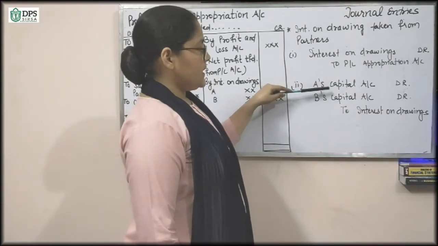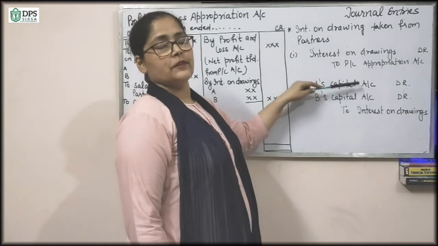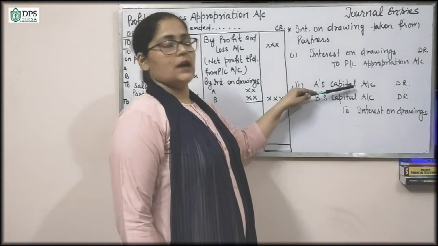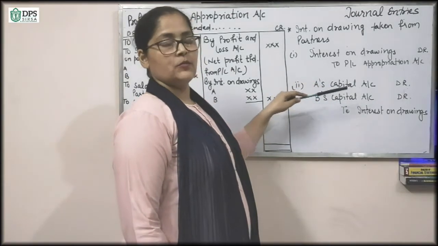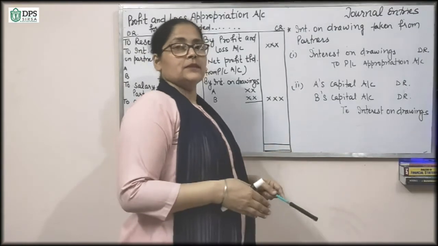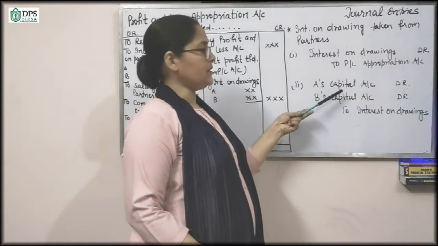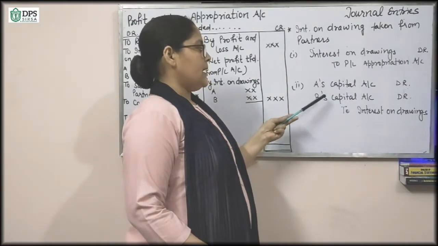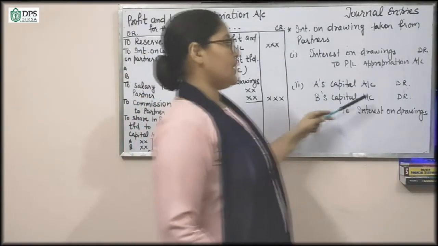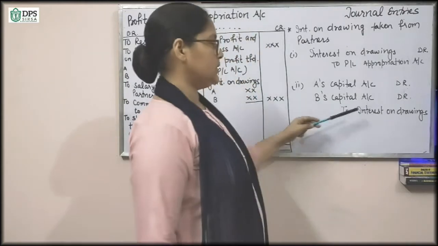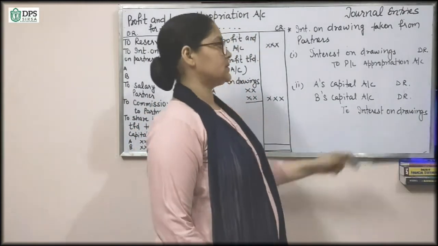See here, A's capital account is debited. We are debiting A's capital account. If we debit the capital account, it is being deducted from the capital of A, and B's capital account is debited to interest on drawings.